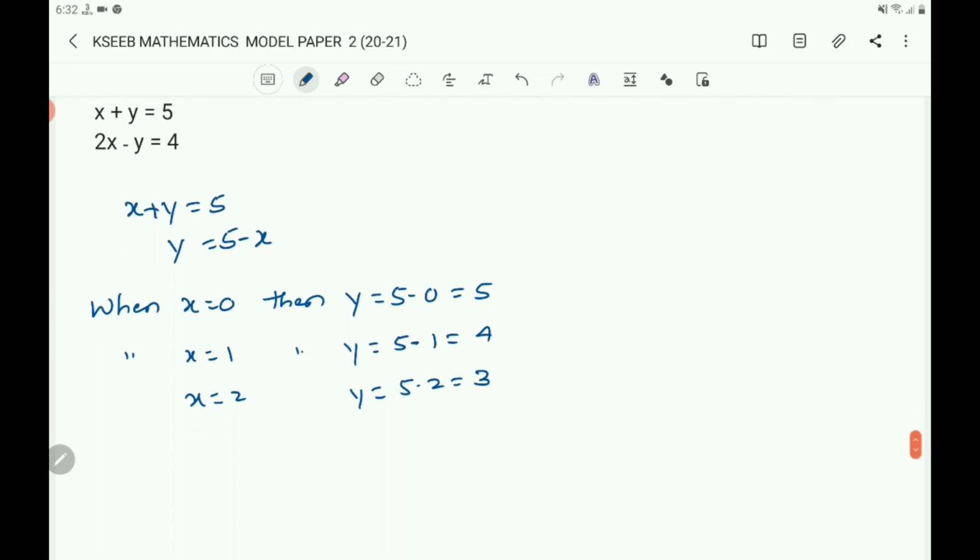So you got the chart. x, y: you take the first values 0, 1, 2 as the values of x, and the corresponding values of y are 5, 4, 3. When x equals 0, the y value is 5. When x equals 1, y value is 4. When x equals 2, y value is 3.